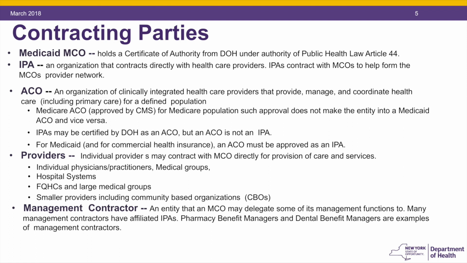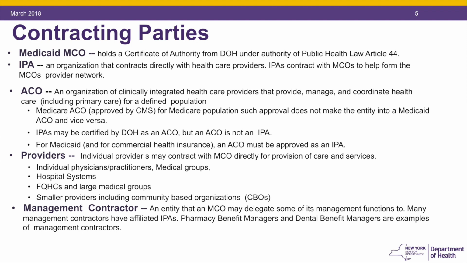The Accountable Care Organization is an organization of clinically integrated healthcare providers that provide, manage, and coordinate healthcare, including primary care, for a defined population. And as you all know, there is a Medicare ACO. The fact that CMS designates somebody to be a Medicare ACO does not designate them to be a Medicaid ACO. There is a separate application to become a Medicaid ACO.